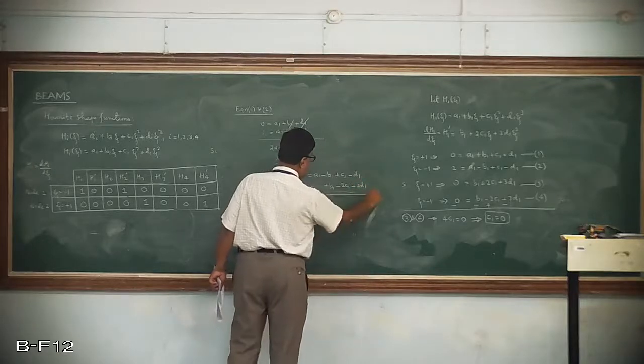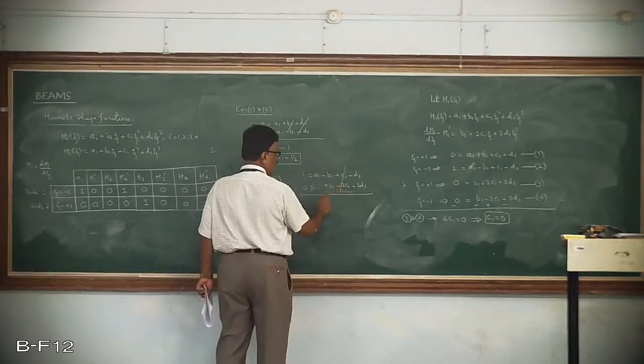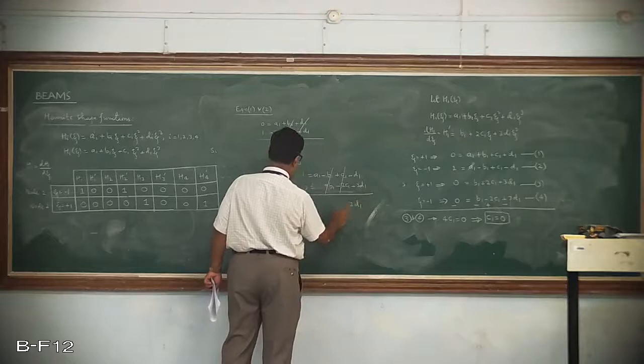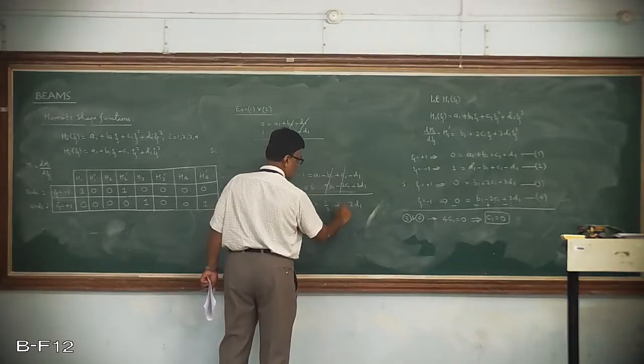If I take like this, what will happen? This is already gone, this is not there, so this is also gone. So this will be 2D1. 1 is equal to half plus 2D1.